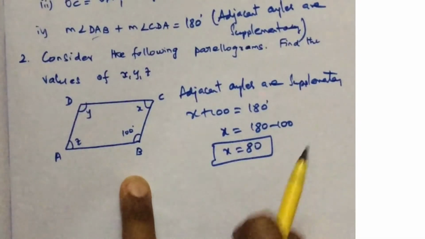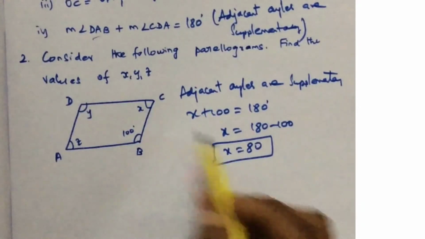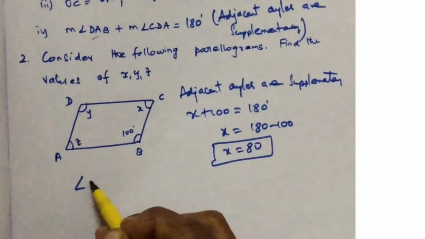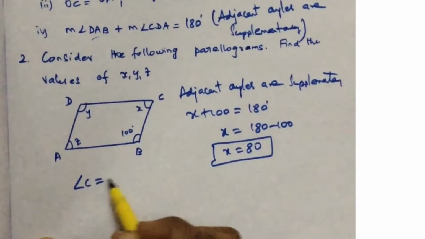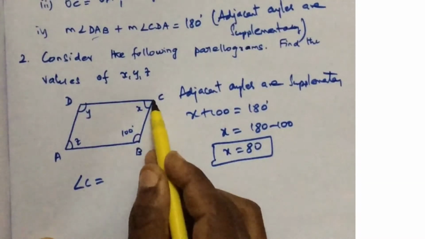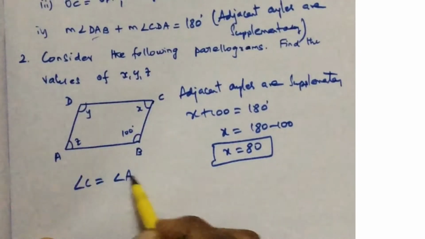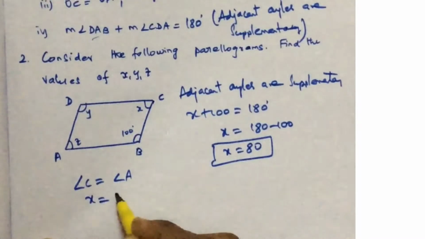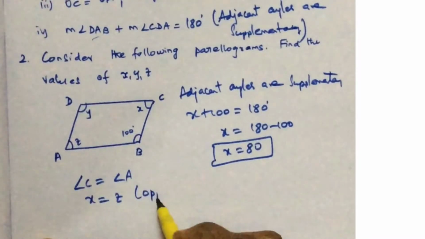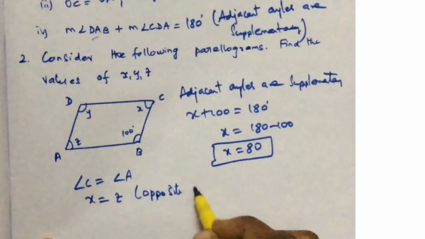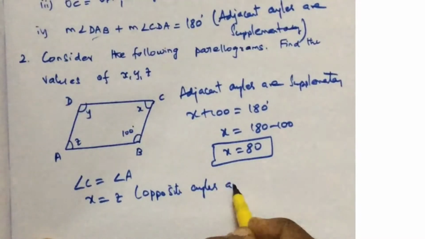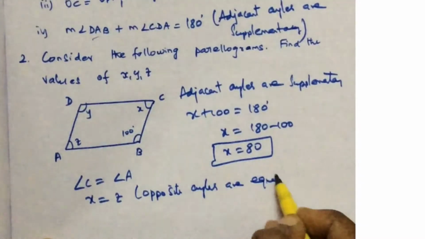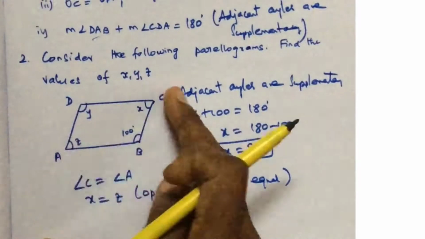Okay, x is 80. Angle C is equal to angle A, so I can write x equal to z. Why? Opposite angles are equal. In a parallelogram, opposite angles are equal.